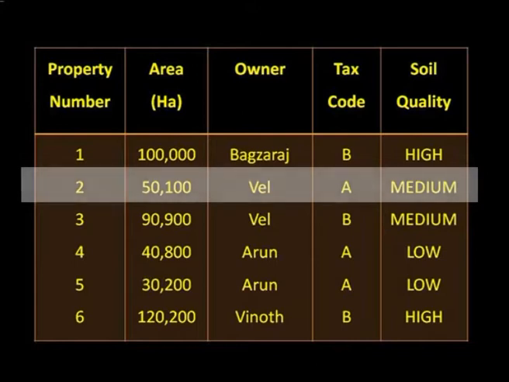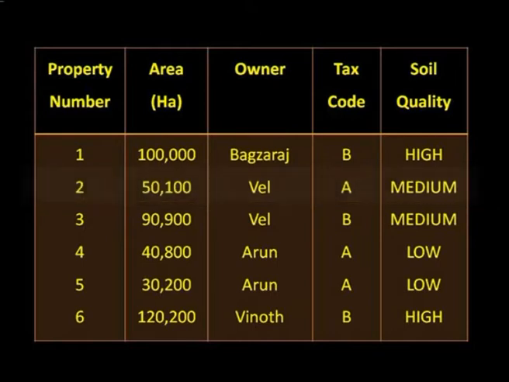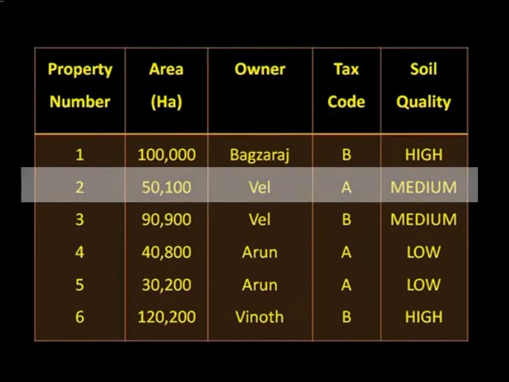A common question, called generic in the illustration, asks the attributes of a given feature, such as what are the attributes of property 2. The answer is outlined by a dashed line, with its area of 50,100 hectares, owner Vale, tax code A, and medium soil quality.